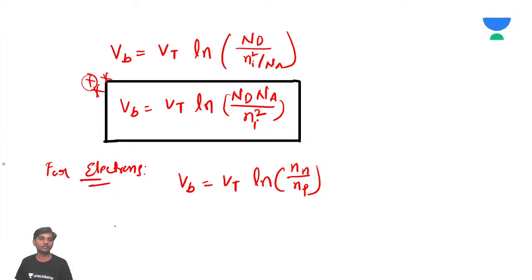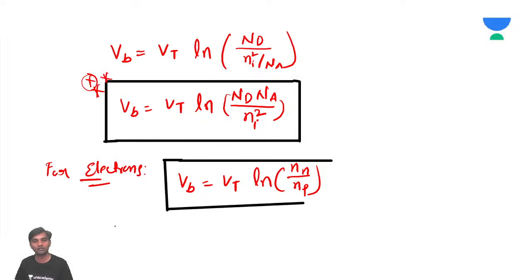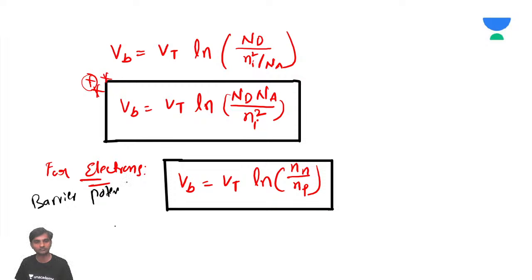Do you need to think about this? No, it's very simple. So I should write here: this is the barrier potential for holes, and this is the barrier potential for electrons.